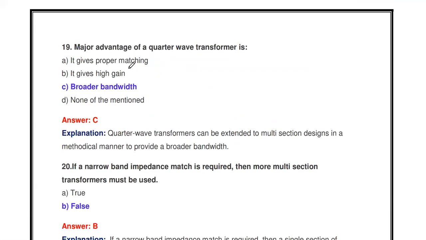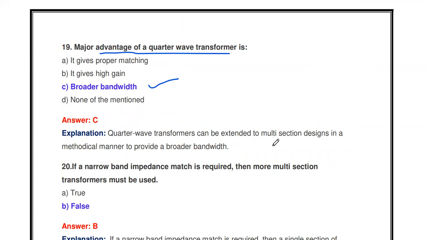Then the next thing, the major advantage of quarter wave transformer is dash. It gives proper matching, high gain, broader bandwidth, none of the mentioned.